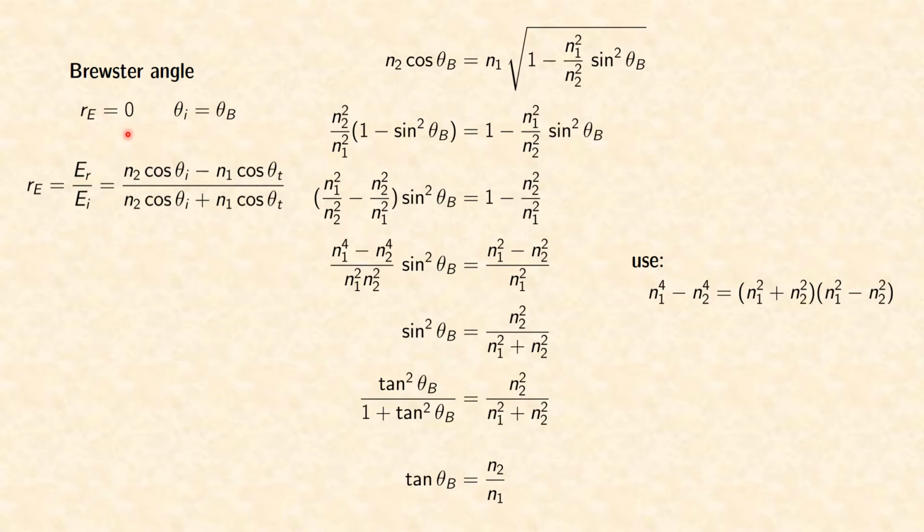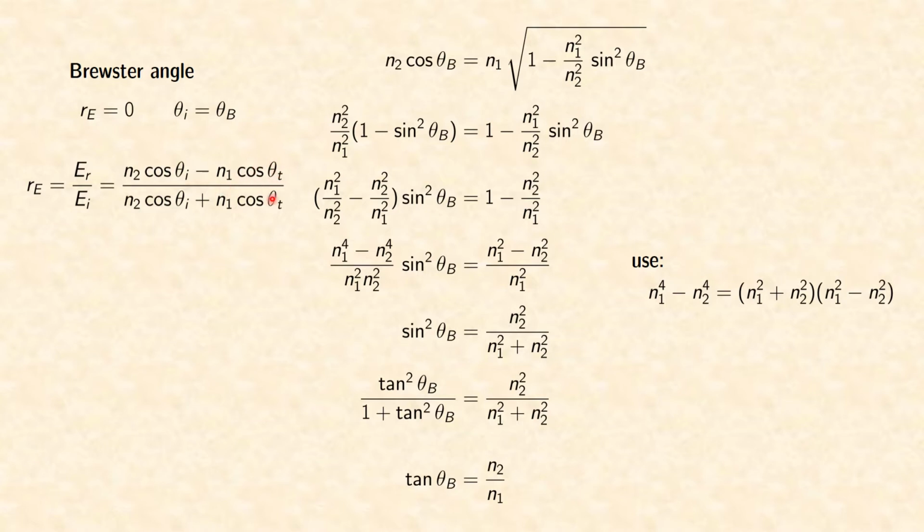The TE mode is always larger than zero. The reflection factor of the TE mode is always larger than zero. However, if we take the expression of the amplitude reflection in case of TM mode, we can easily see that this becomes zero only if n2 times cosine theta I is equal to n1 times cosine theta t.